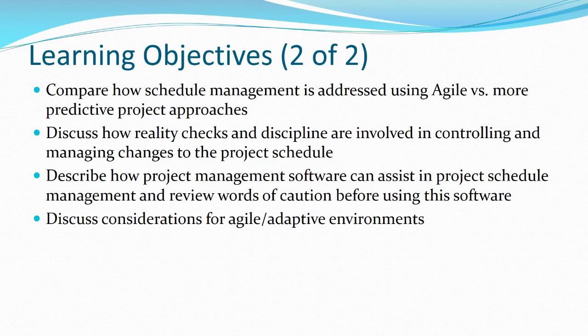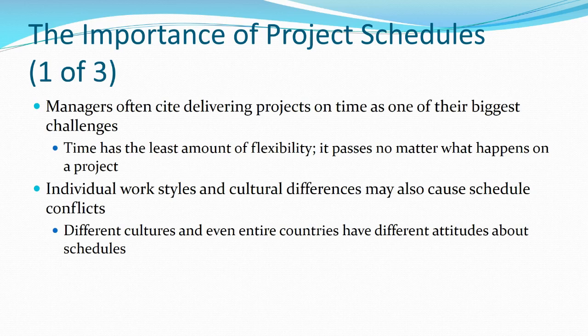We're also going to be talking about reality. We have goals for how schedules can run, and as we're all familiar with Murphy's law, if it can go wrong, it will go wrong. We're also going to talk a little bit about how to use some project management software in terms of helping control the schedule, and also apply some of those lessons learned in here as well.